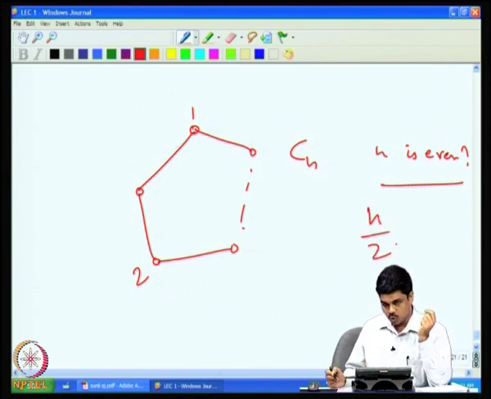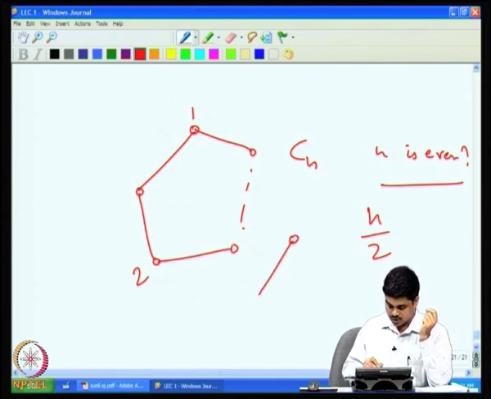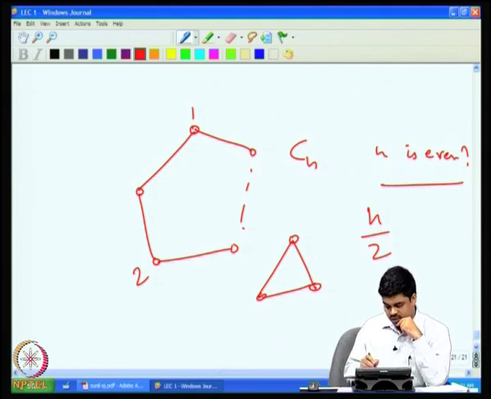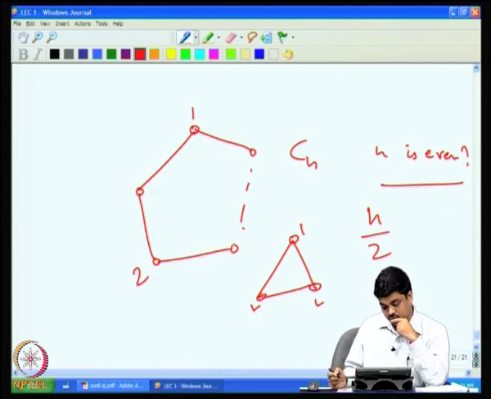When n is odd, for instance, we can consider this 3 vertex graph, and here we can see that this is 1. We cannot take this or this. So, floor of 3 by 2 is the answer, which is 1.